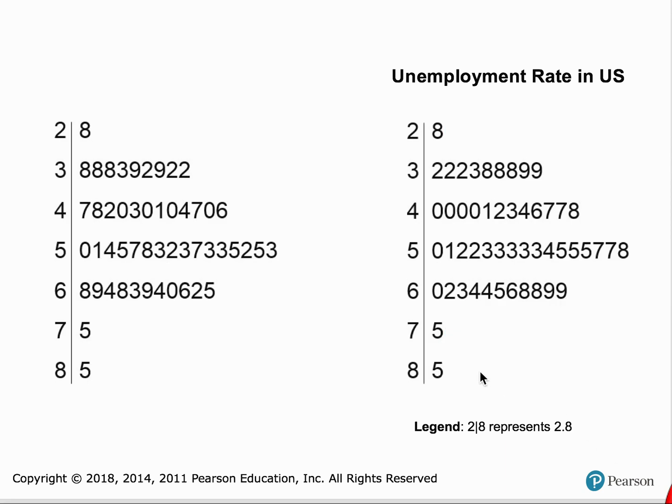The stem would serve as the classes, and the leaves would be the frequency. So therefore, it's important to space the leaves evenly. They've written them right next to each other, but typically when you're writing them, you've got a little space between the numbers, so make your columns even.